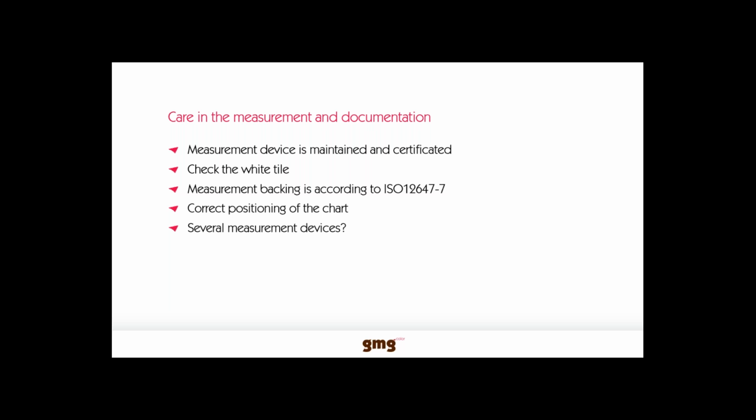Then there is the question, if you have several measurement devices available of one device type, then you should think about repeating the measurements with other devices to average the differences between the measurement devices of one type.